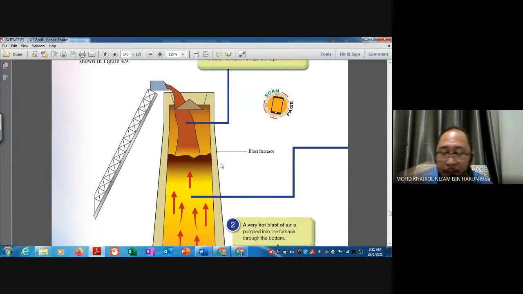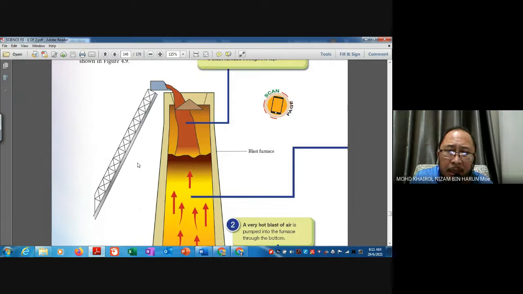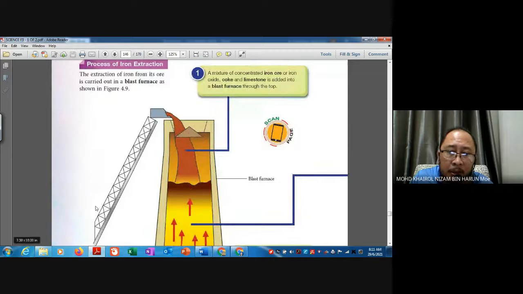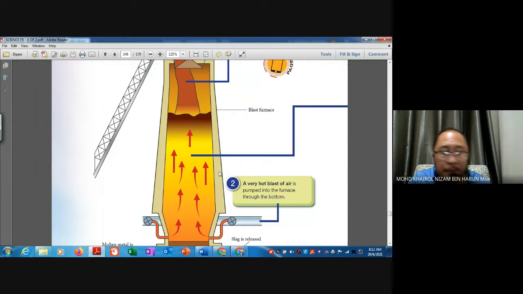Okay, this is in the industry, in the factory. When we get the iron ore, this iron ore will be put into this blast furnace. So this blast furnace is at a very, very high temperature and pressure.